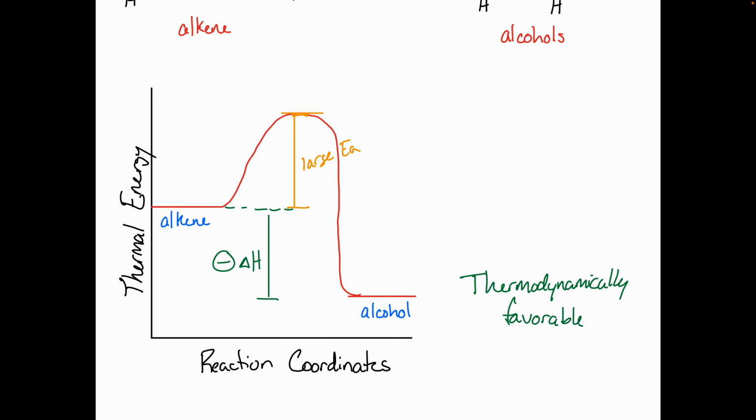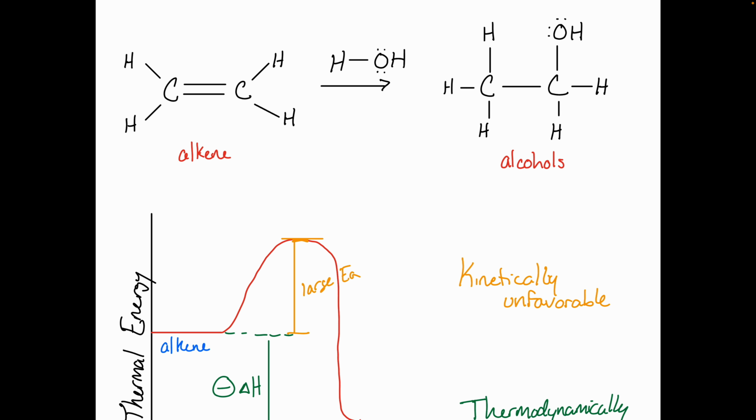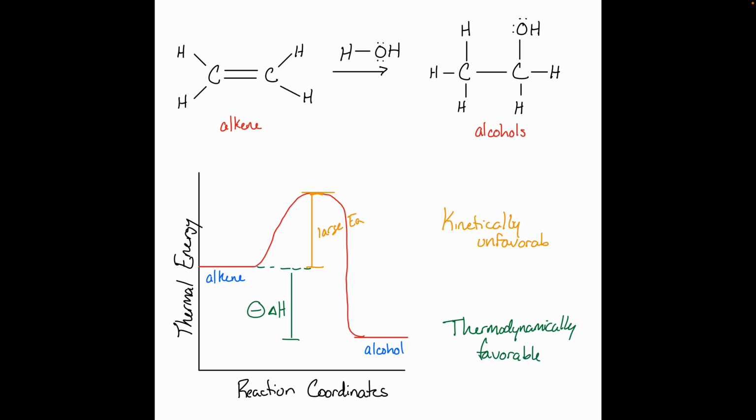So this is another example of a reaction that, although it's thermodynamically favorable, it is kinetically unfavorable. Which means that in order for this reaction to occur, what are we going to have to use? A catalyst. All right, awesome. And we're actually going to learn about 3 different catalysts that we can use here. But we have to use a catalyst in order for a hydration reaction to occur. Okay? So we're going to kind of break these up into these 3 different classes here.